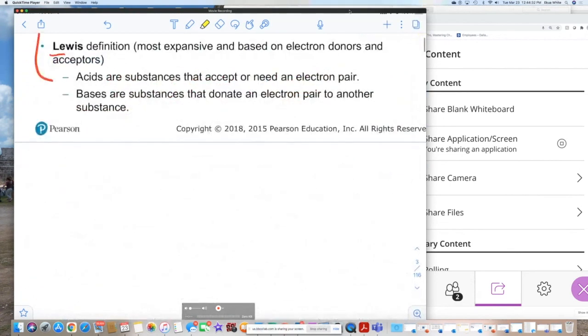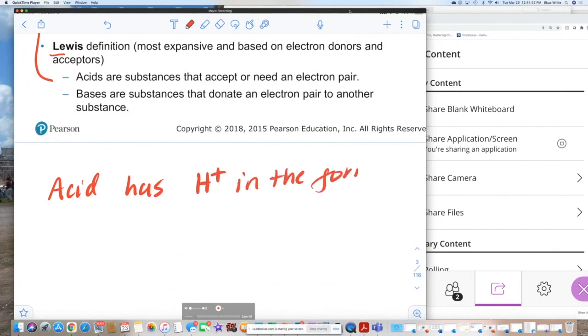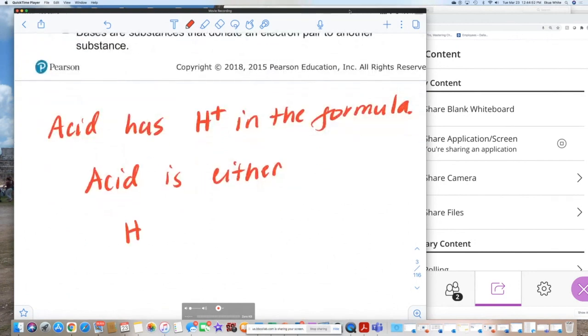So the acid has a hydrogen. This is the bottom line: an acid has a hydrogen ion in the formula. The acid is either H and a nonmetal or H, O, and a nonmetal.